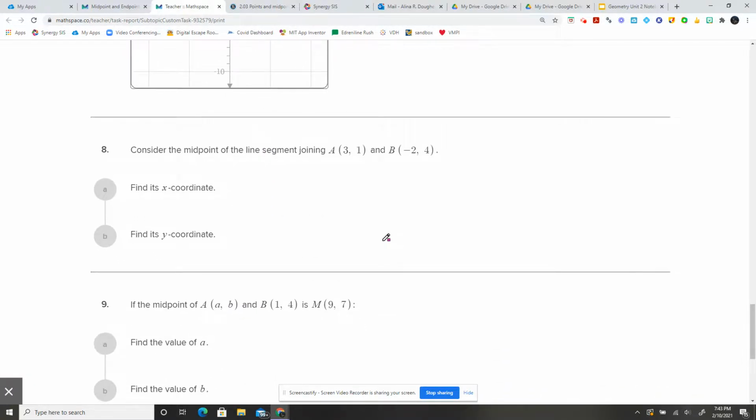Number 8, consider the midpoint of the line segment AB. So we're just finding the x coordinate and the y coordinate. Same thing: x plus x divided by 2, and y plus y divided by 2.